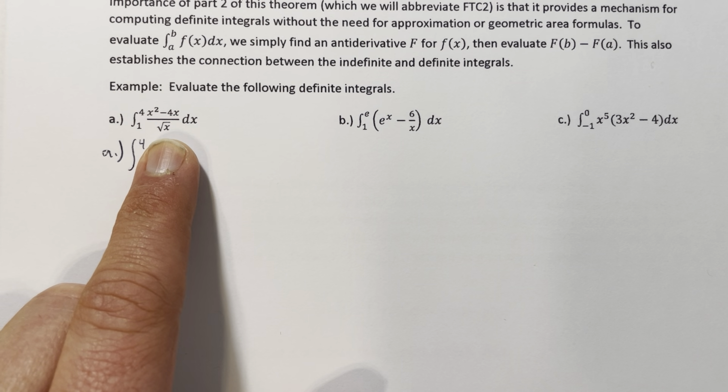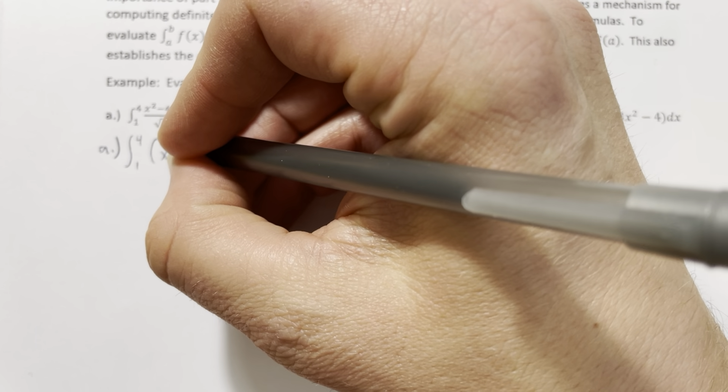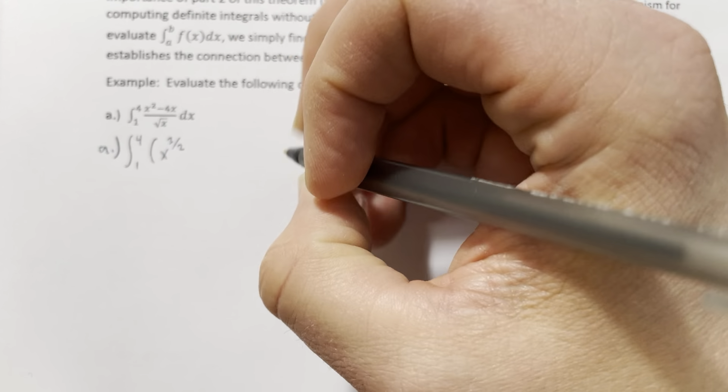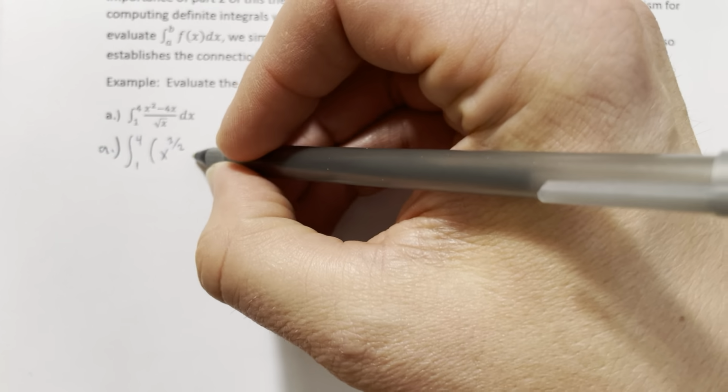I can write my denominator as x to the 1/2 power, and then I can split this up into two rational expressions, x squared over x to the 1/2, which simplifies to x to the 3/2 power, minus 4 times x over x to the 1/2 power, which is x to the 1/2 power.